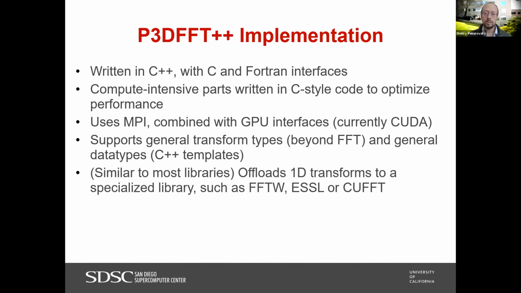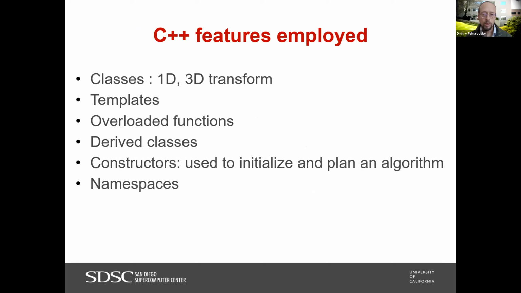Similar to most libraries, it offloads one-dimensional transforms to a specialized library, such as FFTW, ESSL, or cuFFT. Again, there is no need to reinvent the wheel. These are specialized, highly optimized libraries already existing for one-dimensional transforms. It uses C++ features, again, to make it convenient, extensible, modular.